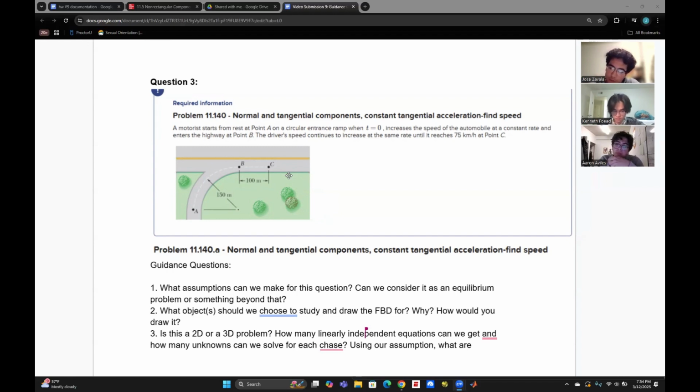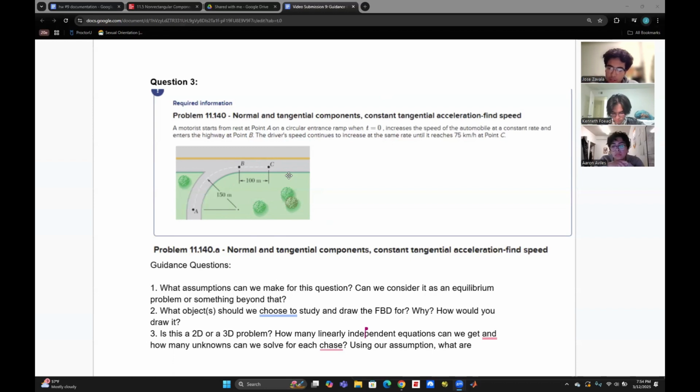Knowing that the velocity at point C is 75 kilometers per hour, I turned that into meters per second. And then from there, I calculated the distance between A and C, doing pi over 2, since that's the angle formed between point A and point B, times 150 being the radius, and then adding the additional 100 meters between points B and C.